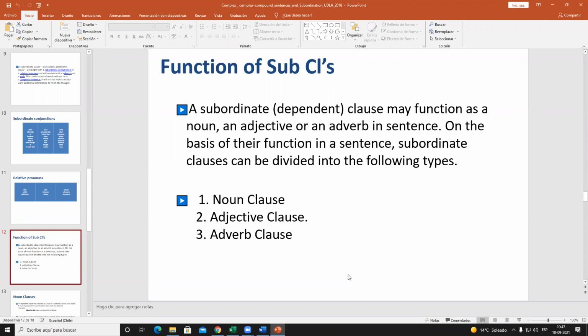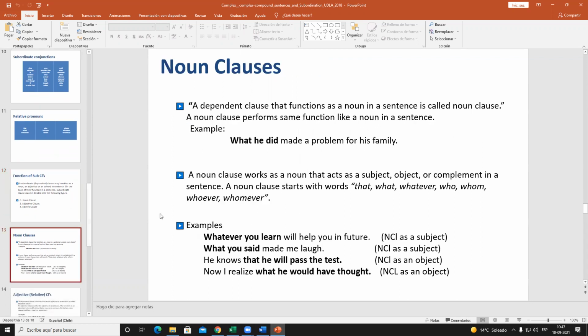When I say most, I'm not saying the whole number, right? What I'm saying is that there are some other names, and sometimes in grammar books you'll find them by other names, and that's it. So, noun clauses, adjective clauses, and adverb clauses. Let's take a look at the very first of them.